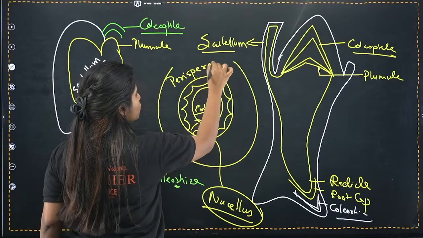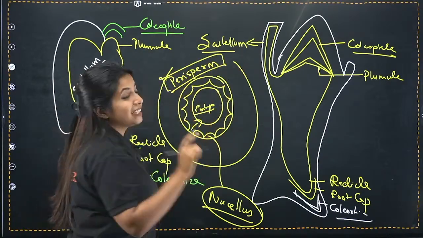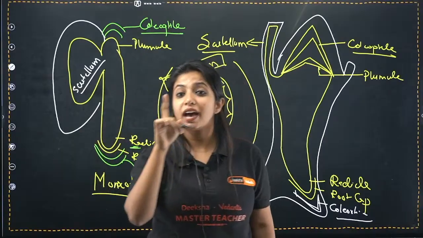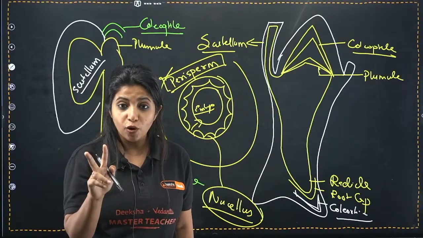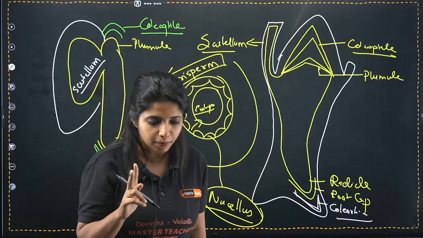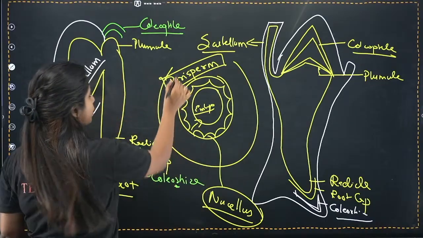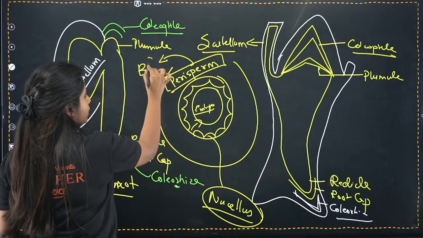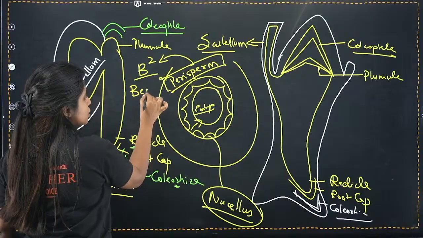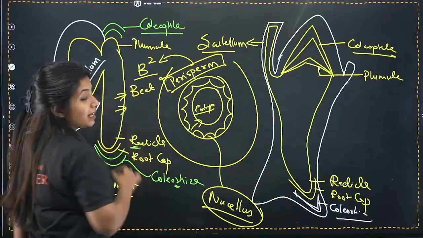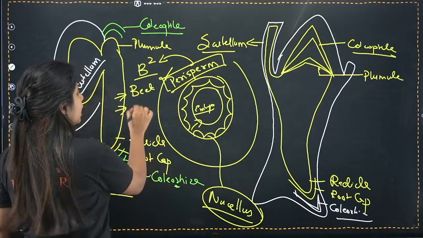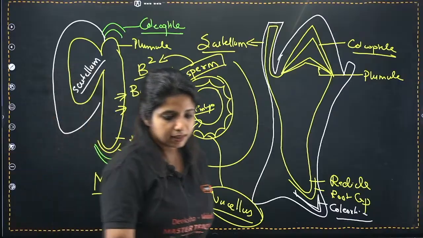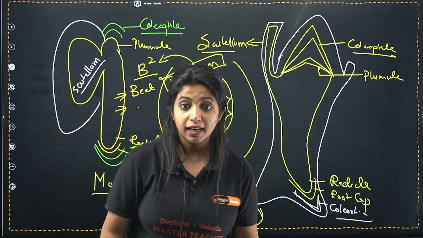You call this perisperm. And the examples for seeds which have perisperm are two of them, and it is super important. The two important ones are B square, as in beet. One is beet, and the other one, anyone can guess?